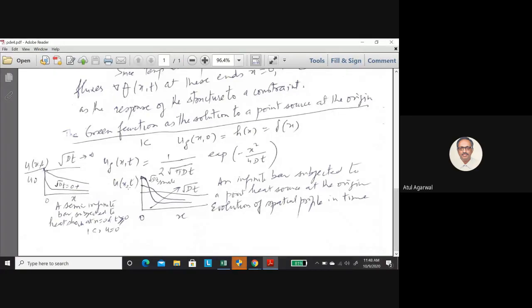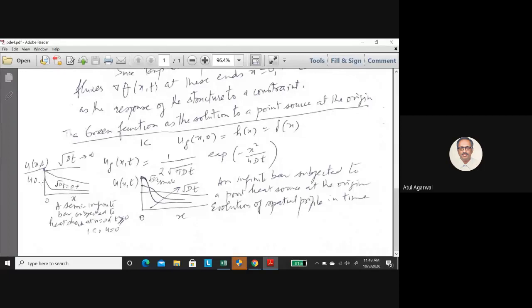And the distribution of the temperature with x and t is given by this. Initially it is like this, gradually it is spreading. This is the direction as your temperature increases. So you are giving a heat shock at x equal to 0 and t equal to 0, with initial condition u equal to 0.